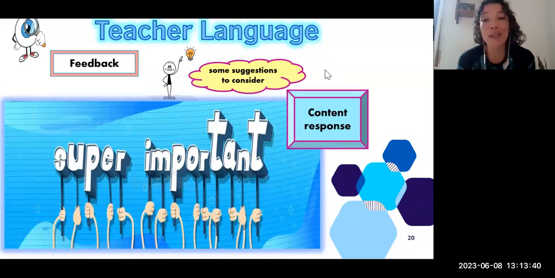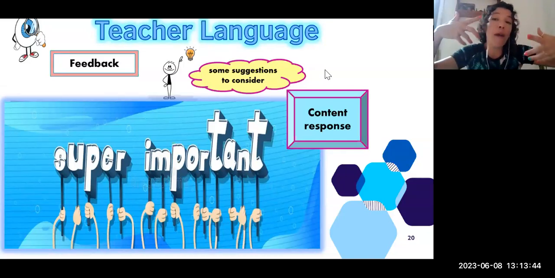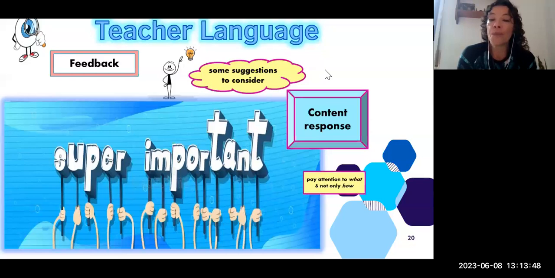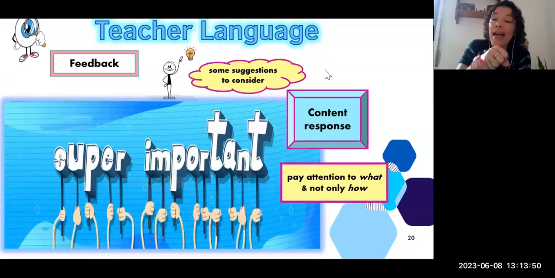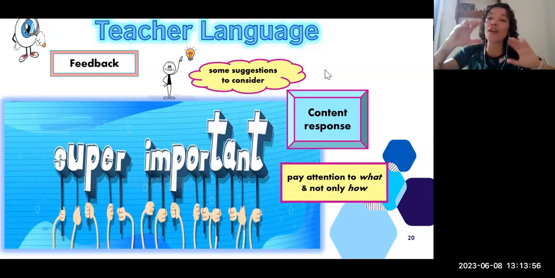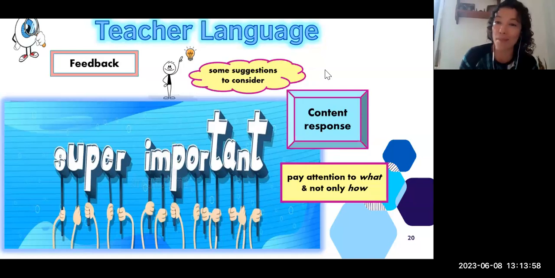Often as teachers, and maybe that's just me, we're trained to really listen, especially as language teachers, for how they're saying it, not what. So we're there listening with our teacher ears for grammar mistakes or the wrong vocabulary. So we're always really focused on the how and a little bit less focused on the what.